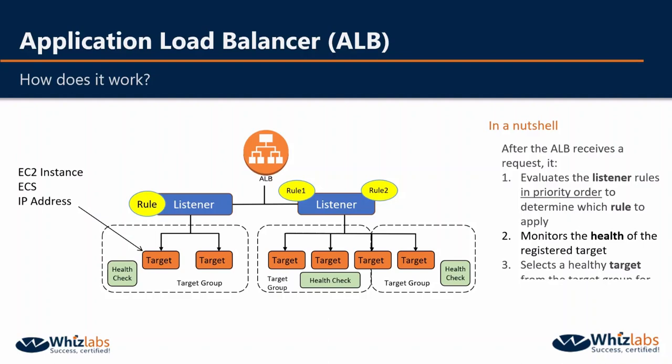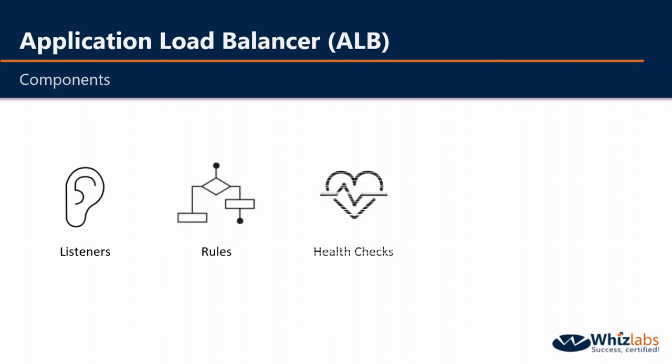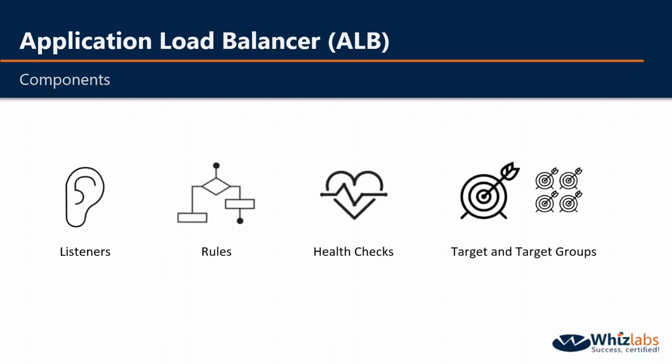The main components of an application load balancer, and in fact even of the network load balancer, are listeners, rules, health checks, and target groups. Let's see some of the important points about each of them.